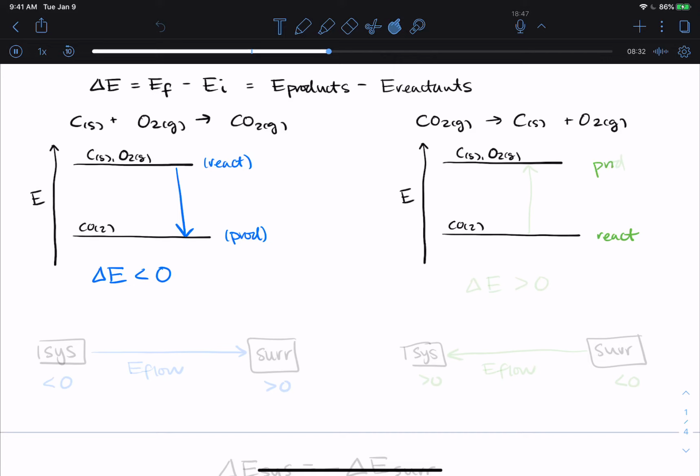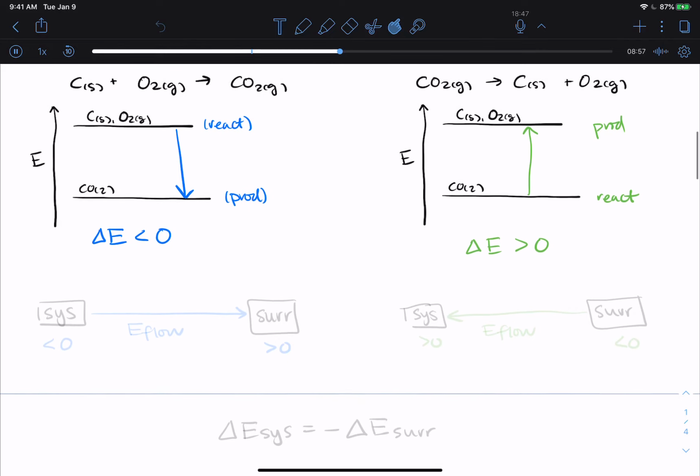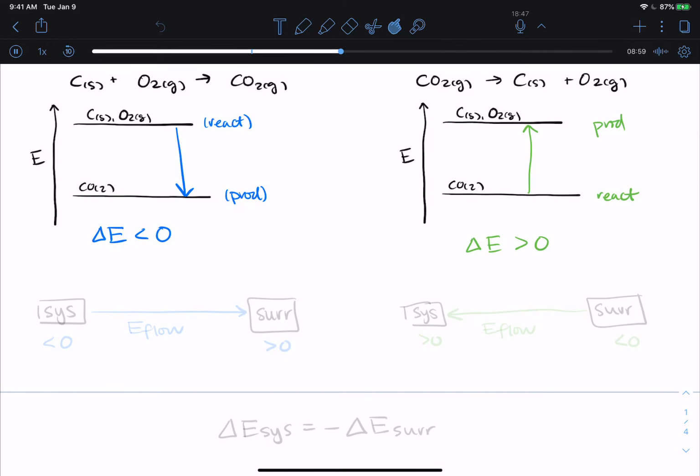So when my reaction runs from reactants to products, when I calculate a delta E, I get a positive value. So in either case, we want to know where does the energy go or where does it come from, right? This reaction on the left, it's a negative value. This is giving off energy. On the right, it's absorbing energy as it goes.